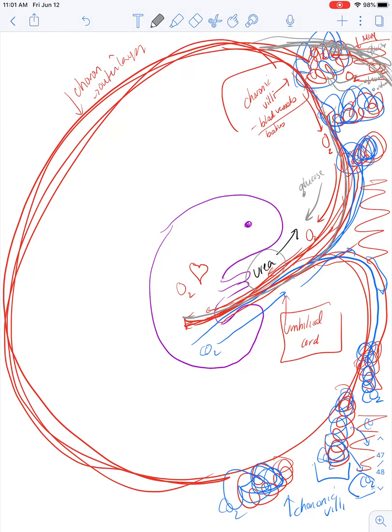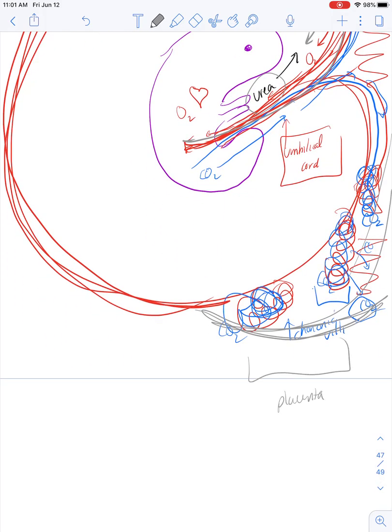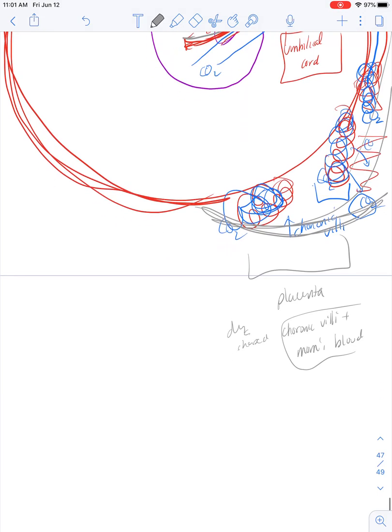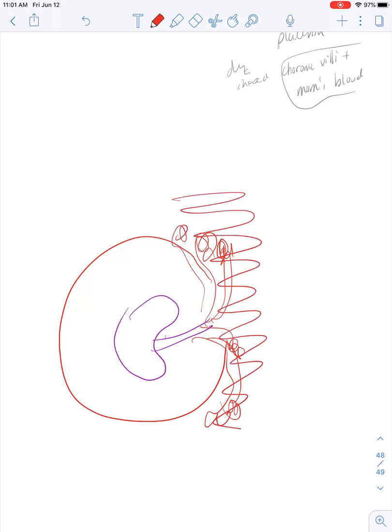And eventually this whole interface here is called the placenta. So the placenta is basically the chorionic villi plus the mom's blood mix, and it's disc shaped. So when I mean disc shaped, because I ran out of room, if I'm drawing the baby here and there's the umbilical cord, right, and it's all that chorionic villi that's coming out, right, and then this is the mother's blood, right?